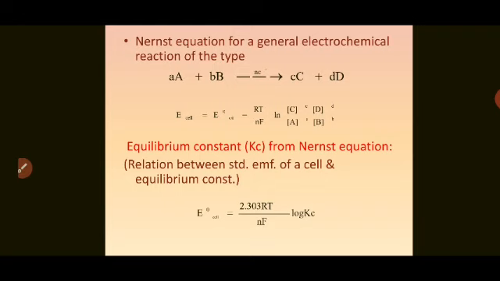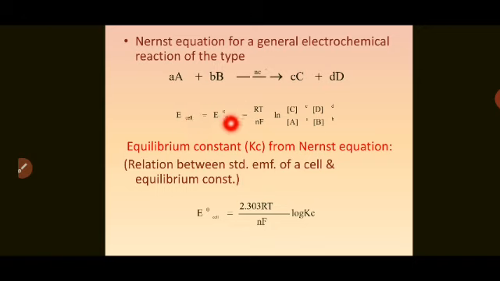So the Nernst equation can be given in different forms. The Nernst equation for a general electrochemical reaction of the type aA plus bB plus ne^- gives cC plus dD. Here small a, b, c, d show the number of moles, A and B are the reactants with n electrons, and C and D show the products.